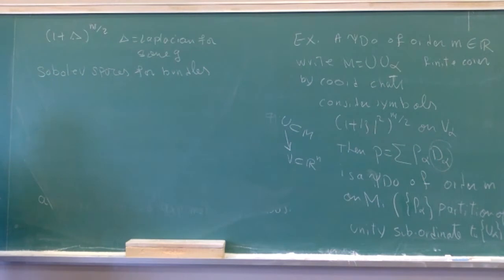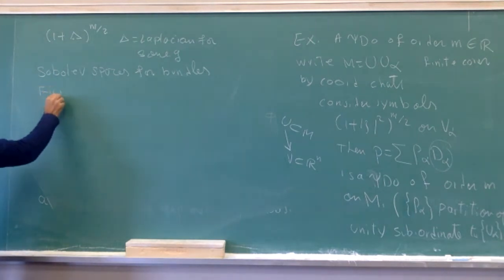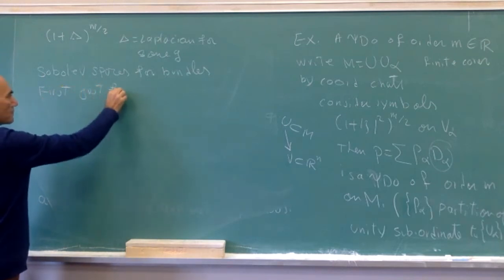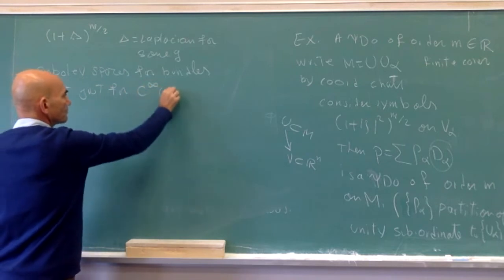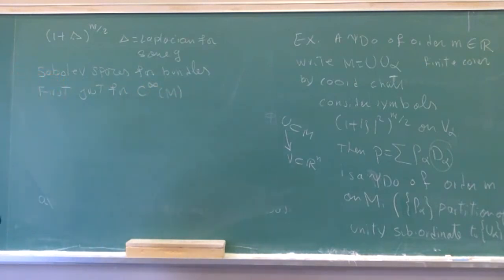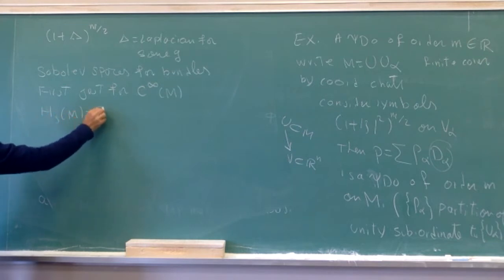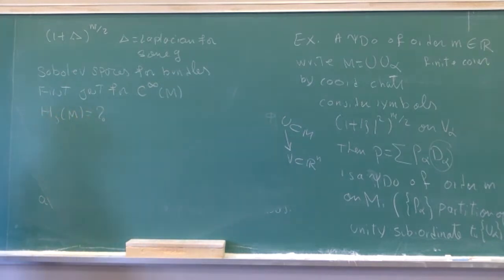At least, first let me do it just for C infinity of M. The idea is this: we want to define this H^s of M. Basically, we want to define the s Sobolev norm on C infinity of M, and then complete it to get these Sobolev spaces, right?